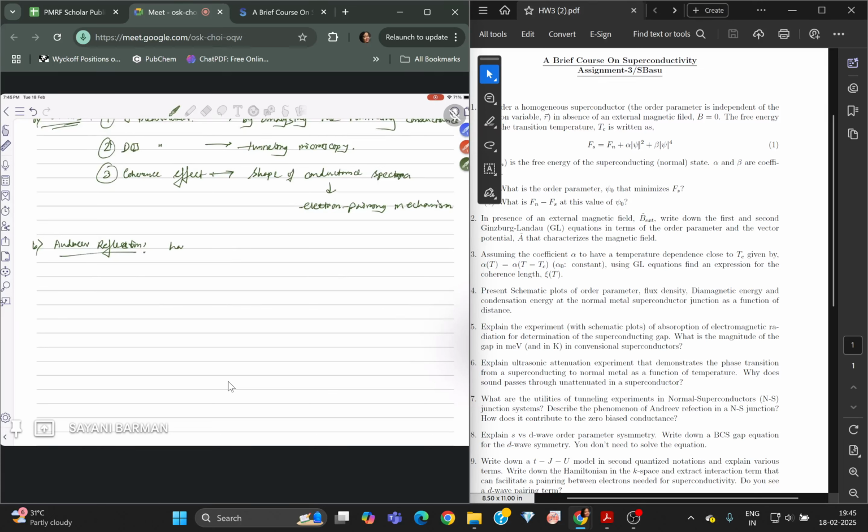So this happens at the interface, where the electron is retroreflected as a hole, forming Cooper pairs.